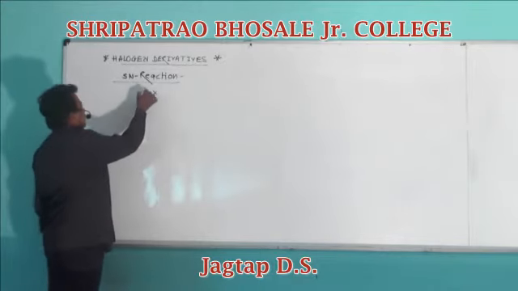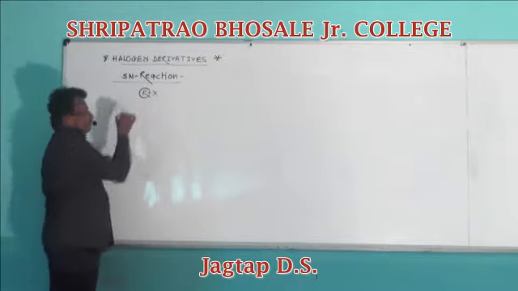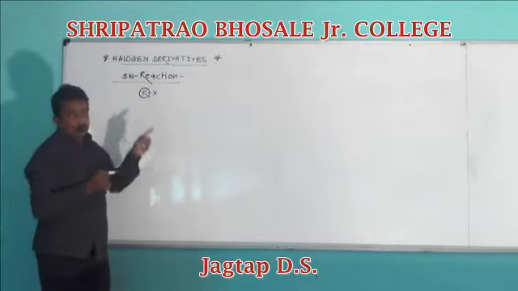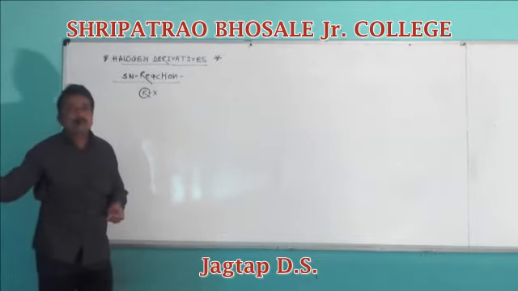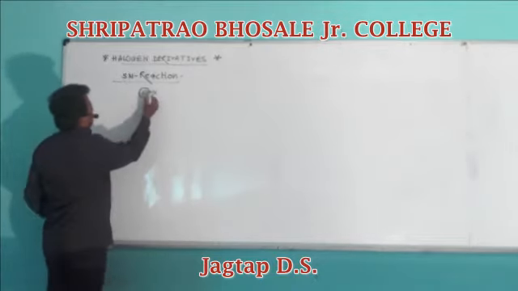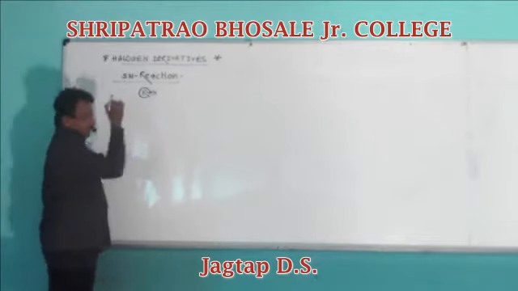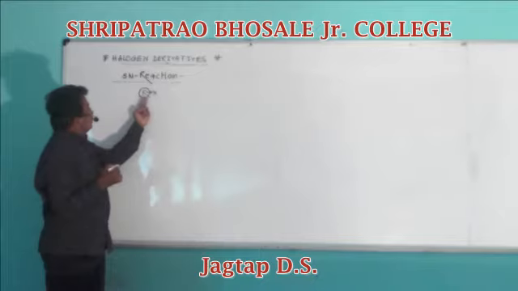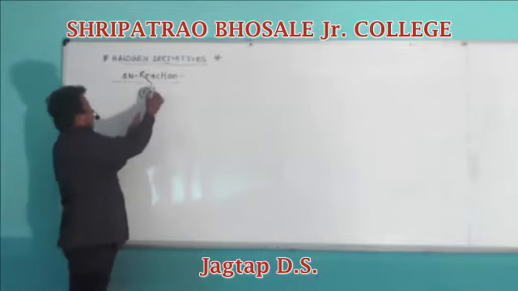But due to greater electronegativity difference between carbon and halogen, both the electrons are migrated towards the more electronegative halogen atom.